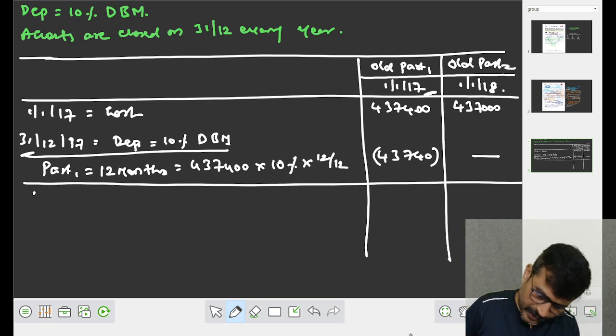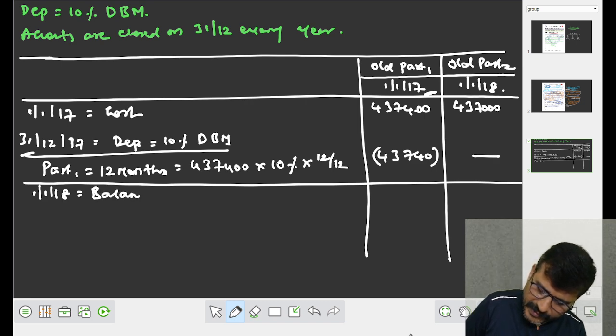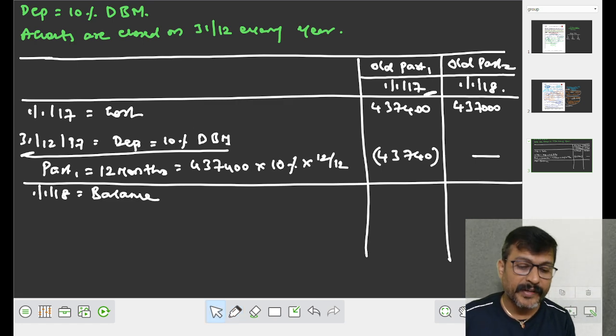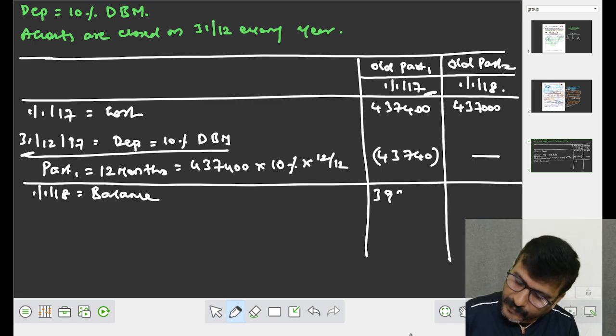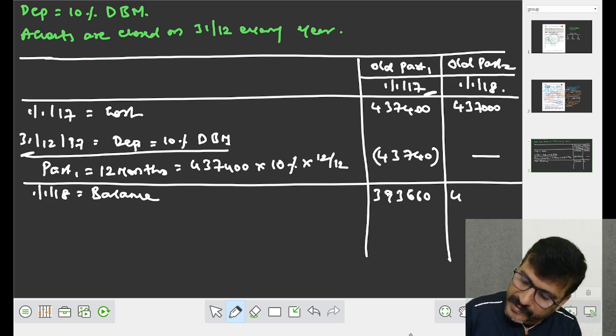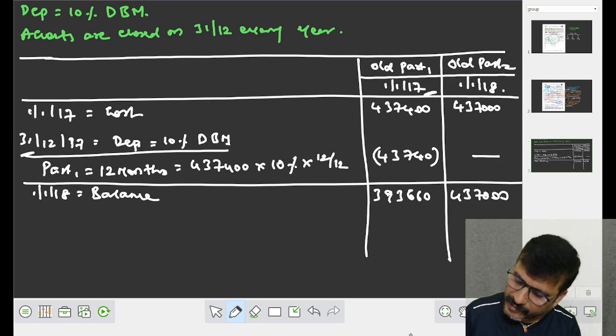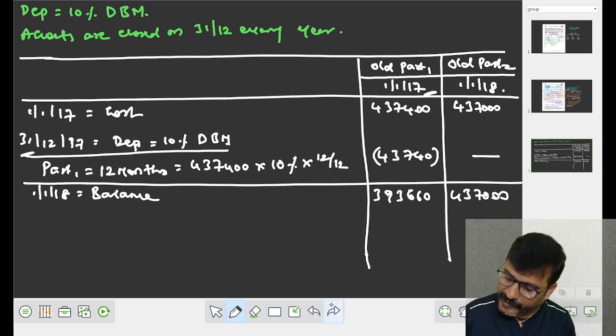Now let me write 1st January 18 balance. Subtract it, we are getting 3,93,660, 4,37,000. Please try to understand in a proper manner.